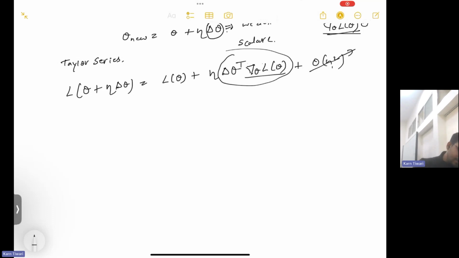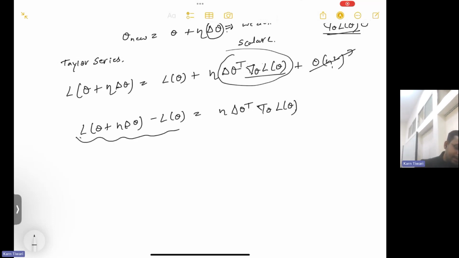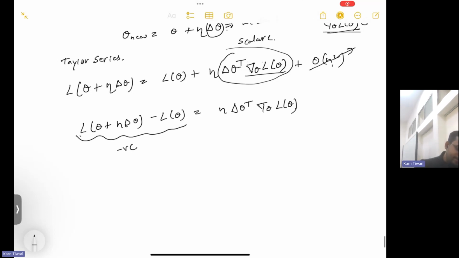So now L of theta plus eta del theta, you can rewrite it as this thing. This quantity, we want it to be negative. Why negative? Because we want to ensure that there is a sufficient decrease in the objective value.